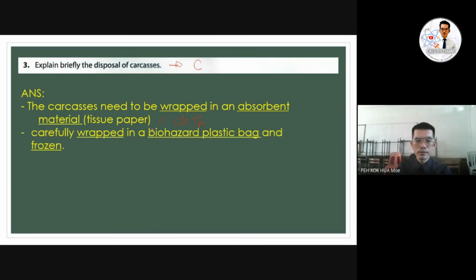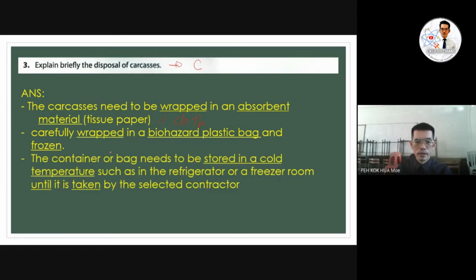Second, carefully place them in a biohazard plastic bag and freeze it. The container or bag needs to be stored at a cold temperature, such as in the refrigerator or freezer room, until it is taken by the selected contractor.